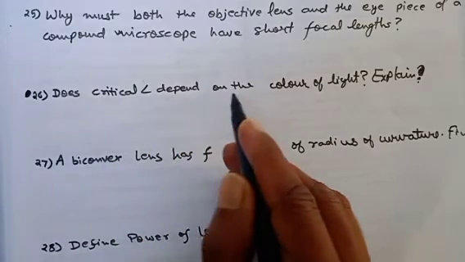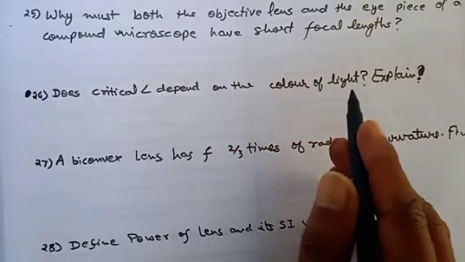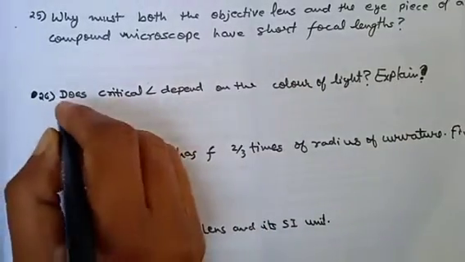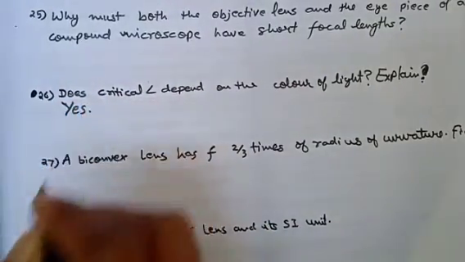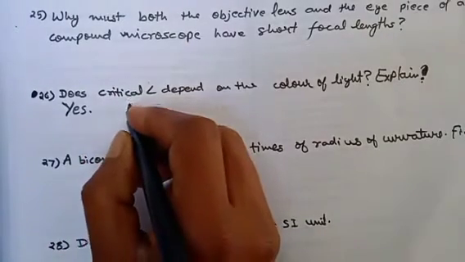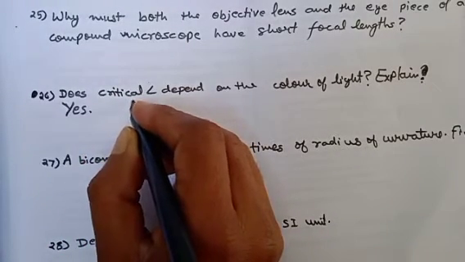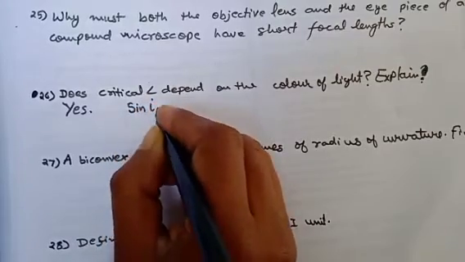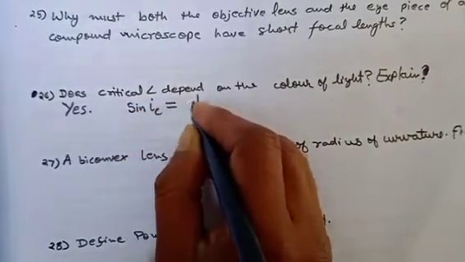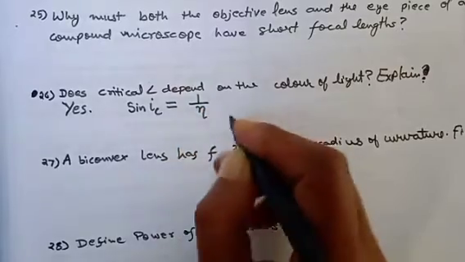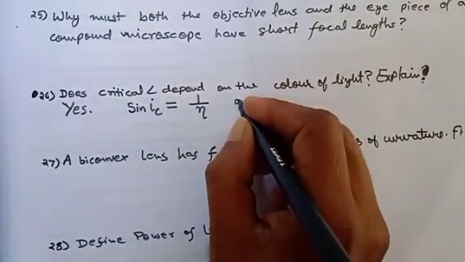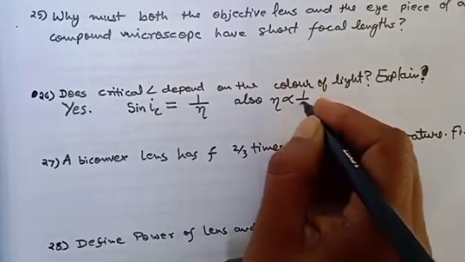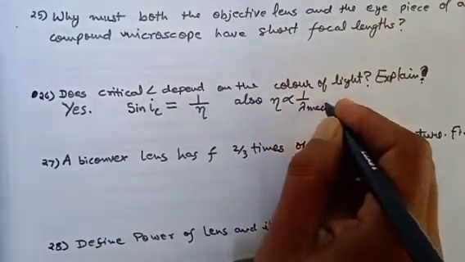Does critical angle depend on the color of light? Explain. So, the answer is yes. Big yes. Why? Because we know that sine IC is equal to 1 upon eta, and also eta is inversely proportional to lambda of the medium.